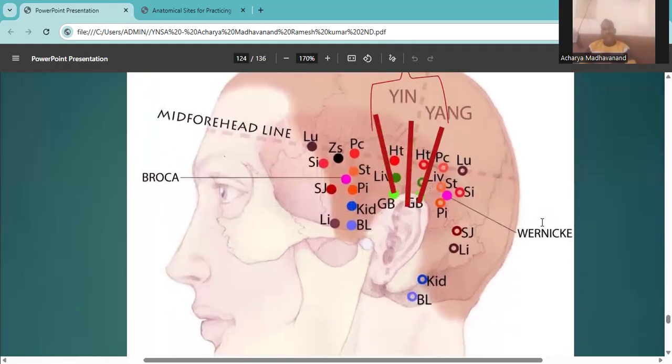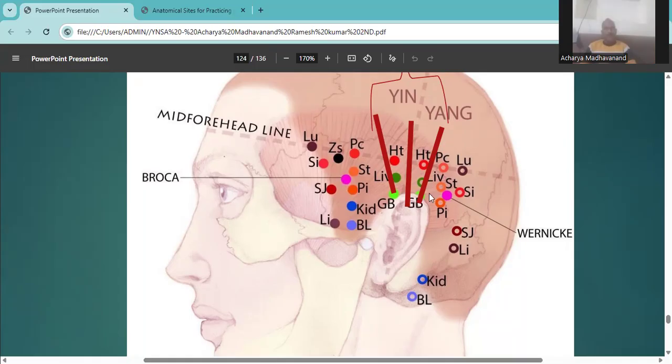Now you see there are 2 points. One is Broncha and the second is Varanki. These 2 points are used for speech disorder after paralysis and for the deaf and dumb.